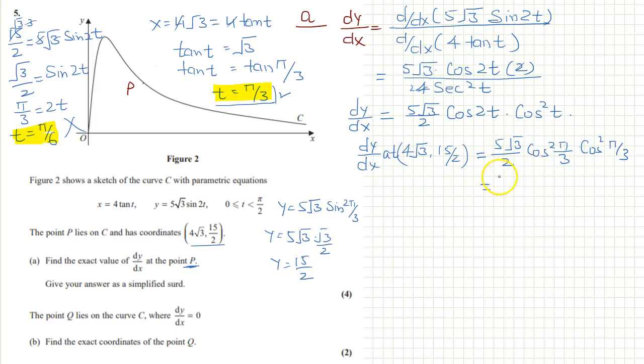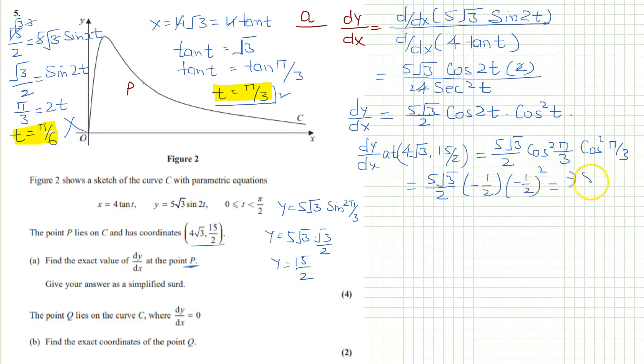So that is equal to 5 root 3 over 2, cos 2 pi over 3 is minus half, and cos pi over 3 is half, squared.